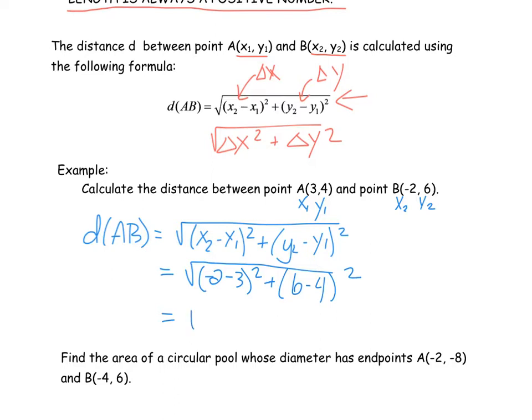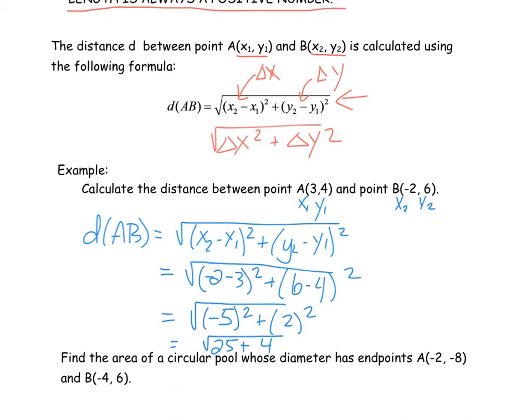First thing we're going to do is simplify the bracket. Inside the first bracket, -2 minus 3 is -5 squared, plus 6 minus 4 is 2 squared. Now we'll square them. -5 squared, that gives us a positive 25, plus 2 squared, that gives us 4.